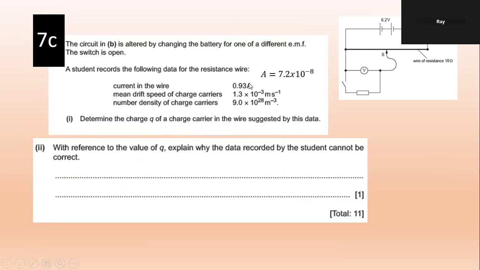Current 0.93 ampere. Mean drift speed of charge carrier given. Number density of charge carrier is given. Determine the charge Q of the charge carrier in the wire suggested by the data.